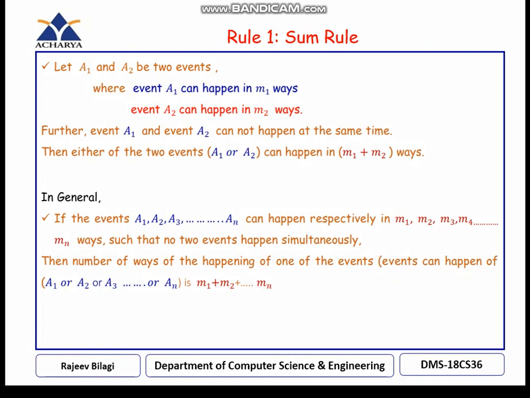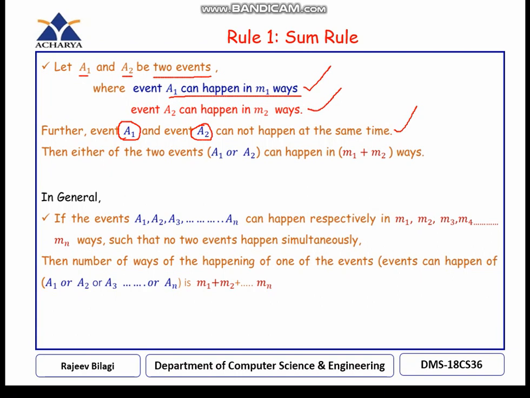Now assume that A1 and A2 are two different events, where event A1 can happen in m1 ways and event A2 can happen in m2 ways. Another important thing is these events A1 and A2 cannot happen at the same time.